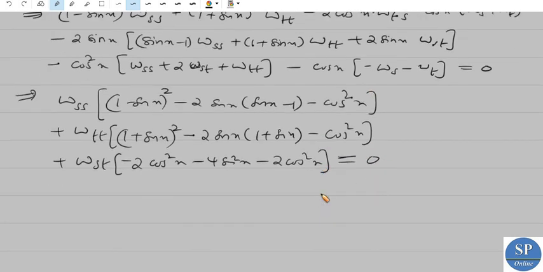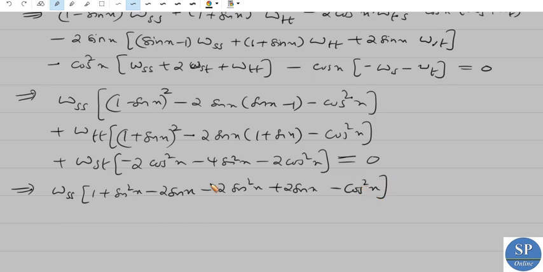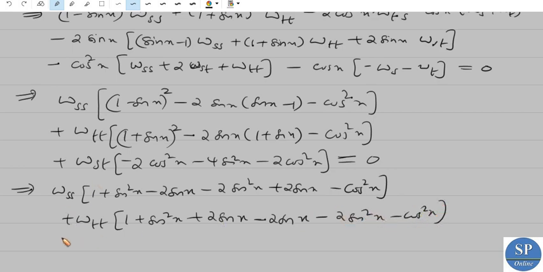This implies we get w_ss into, expanding this, 1 plus sin square x minus 2 sin x, minus 2 sin square x plus 2 sin x minus cos square x, plus w_tt into, expanding this, 1 plus sin square x plus 2 sin x, minus 2 sin x, minus 2 sin square x minus cos square x, plus w_st into minus 2 cos square x minus 2 cos square x, which is minus 4 cos square x.